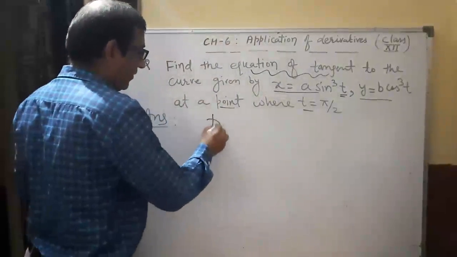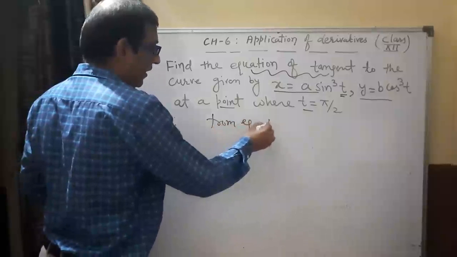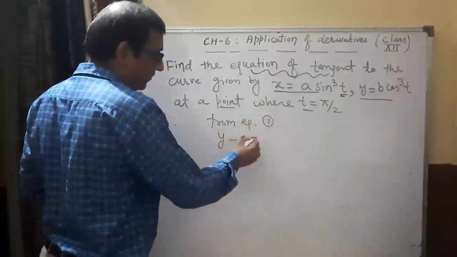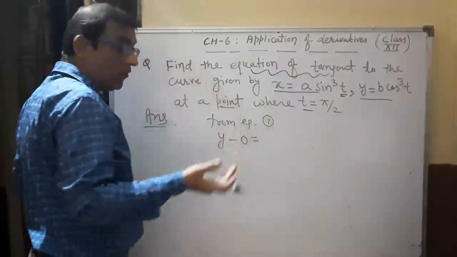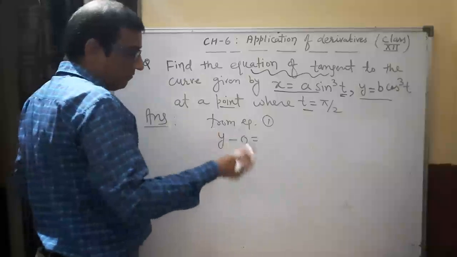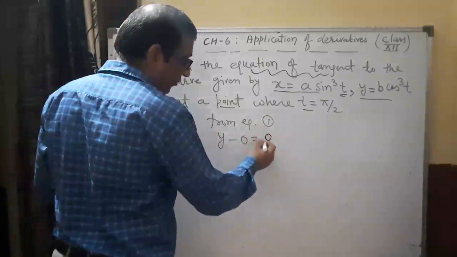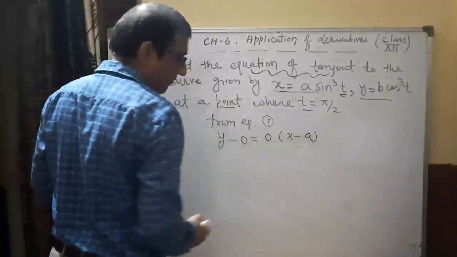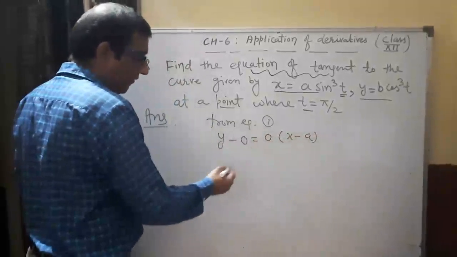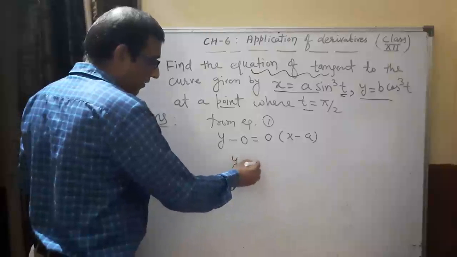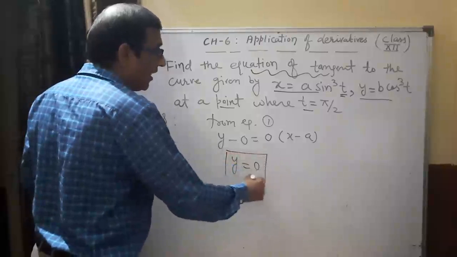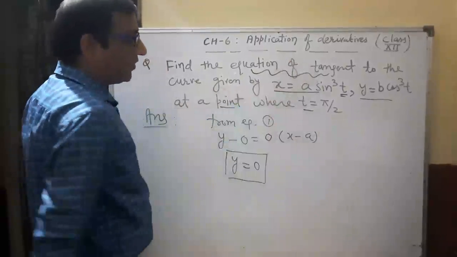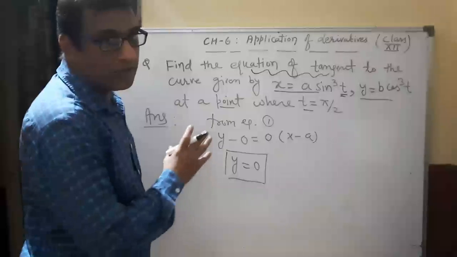From equation first, we can say y minus y0, the value of y0 is 0, and the value of slope, that is also 0, x minus a, the value of x0 is a. So when we solve it, we get y equals 0. It means this is the equation of the tangent when such a type of curve is given at the point t equals pi by 2.